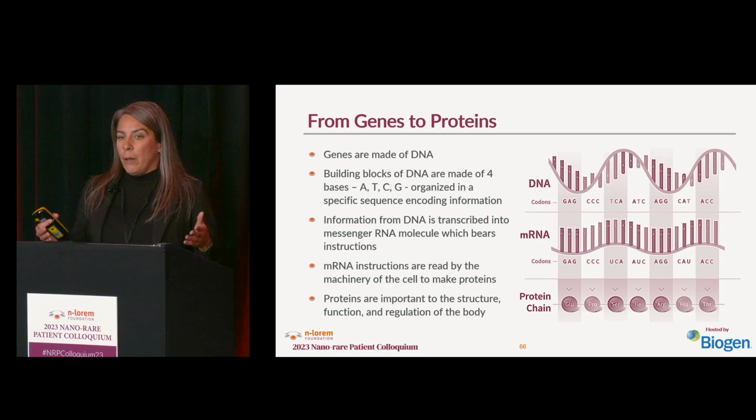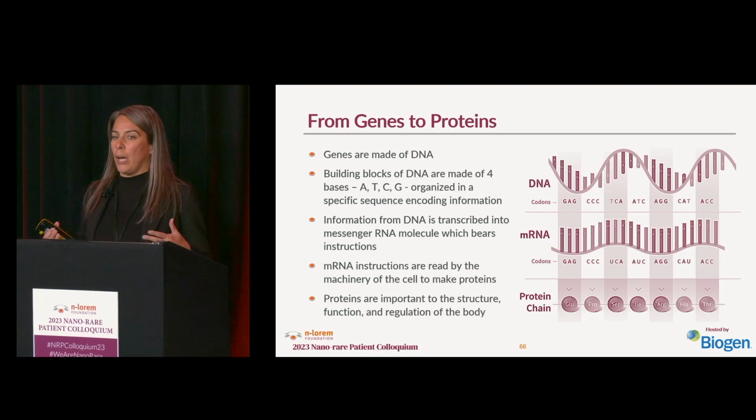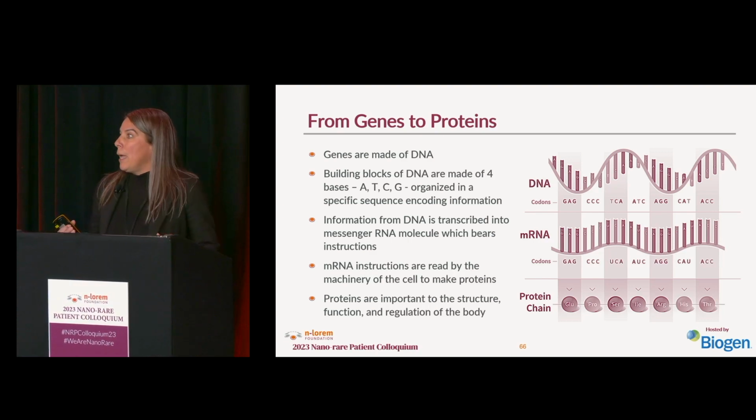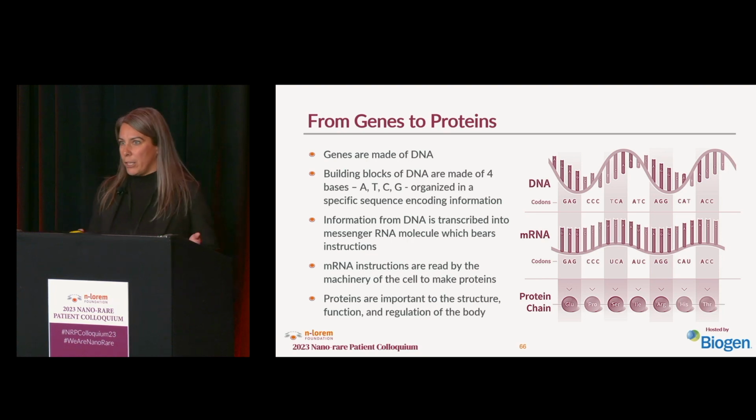And from there, this information is transcribed into messenger RNA, which really bears the instructions to make a protein. And proteins are complex molecules that are really doing all the hard work in the cells, and they're important to the structure, the function, the regulation of the body.